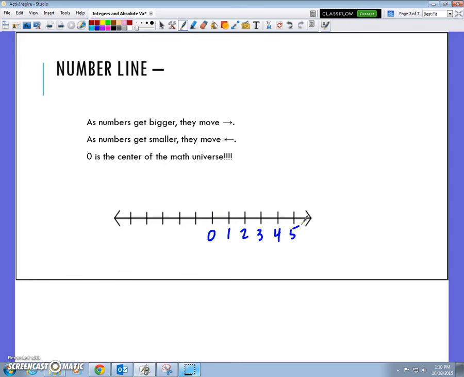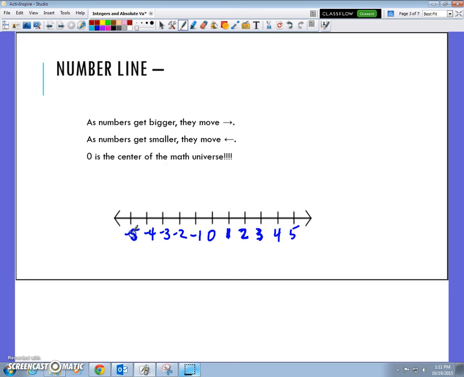Now we're going to have some numbers that are smaller than 0. We're going to call those less than 0, and they go to the left. So no matter where 0 is on the number line, the number right next to 0 is always going to be 1. Right next to 1 is always going to be 2. 3 is always sandwiched between 2 and 4. The negative numbers work kind of the same way. The bigger the negative number gets, the farther it is away from 0.